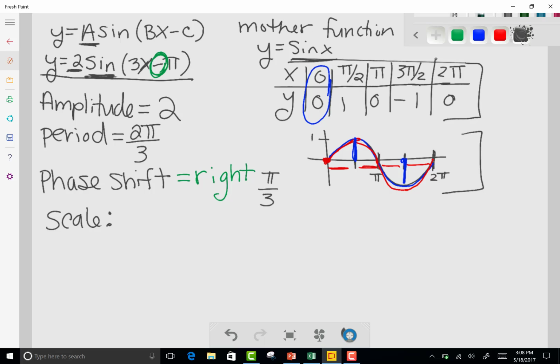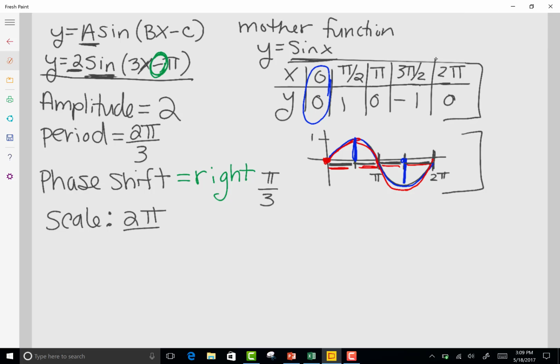I want to break up my cycle into 4 chunks so I can find each of those 5 key points. So, to find the length of each of those 4 intervals, I take the full length of the period, which is 2 pi over 3, and I divide by 4.